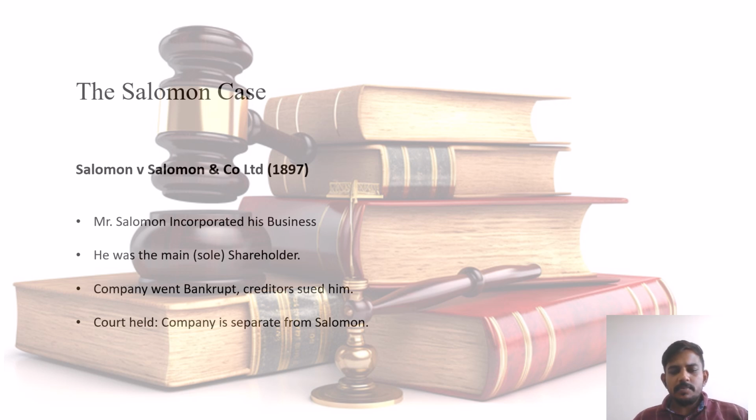This describes the unfortunate turn of events that led to the legal dispute: the newly incorporated company faced financial difficulties and became bankrupt. And the court held that the company is separate from Salomon. This is the core outcome, underscoring the significance of the Salomon case.